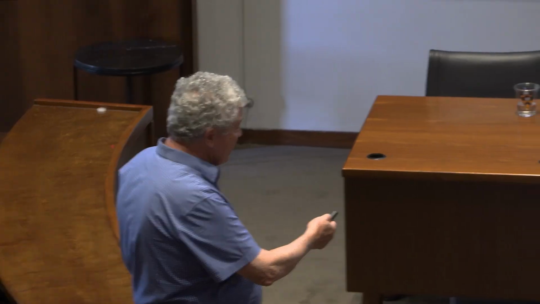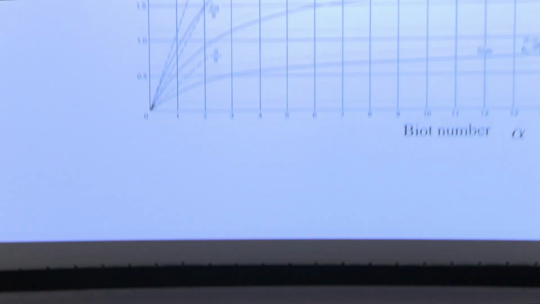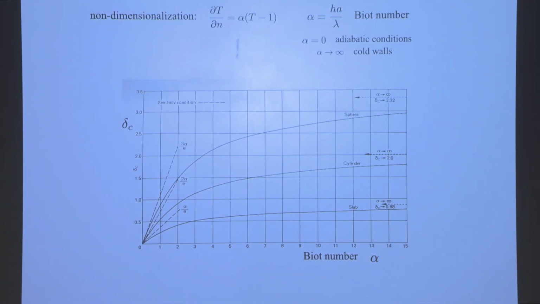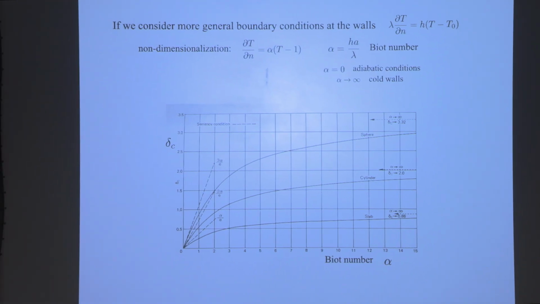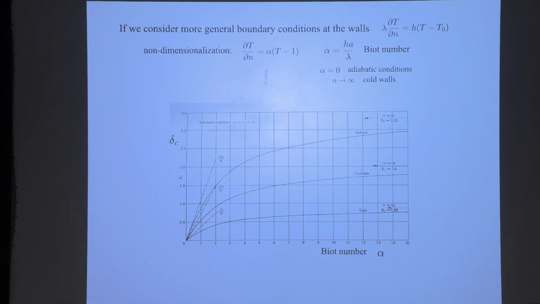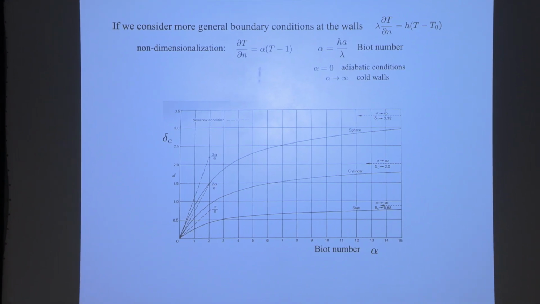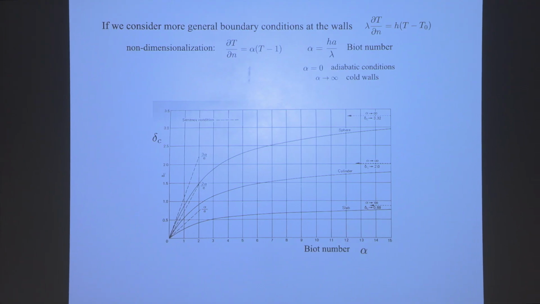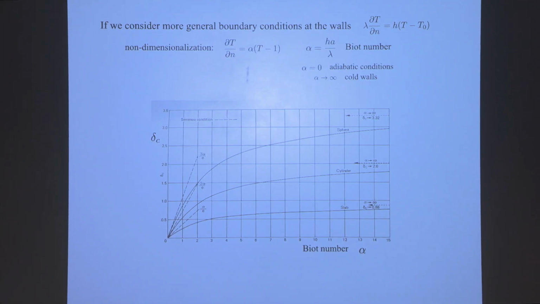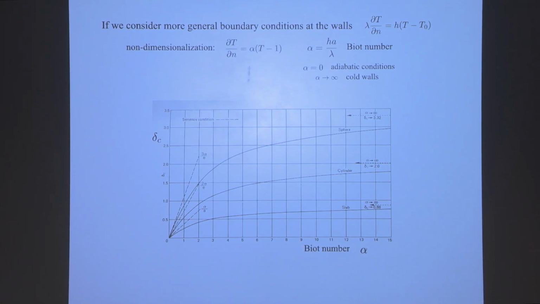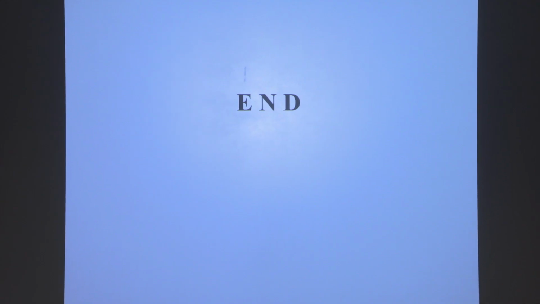Really this is the last thing in my notes. I added something here about what happens if you also account for some losses at the wall or not, but I'll let you look at that by yourself. And this is the end of this discussion.